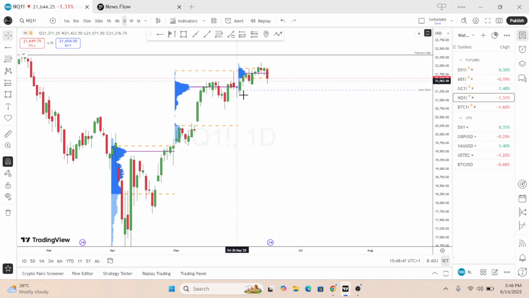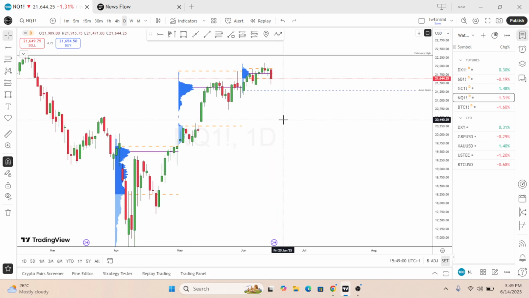Then we seem to have established value upward on Nasdaq, but we are trading within this range, which is the value area. And that is how the market still is for now. I'll tell us my observation using the last candle after this.